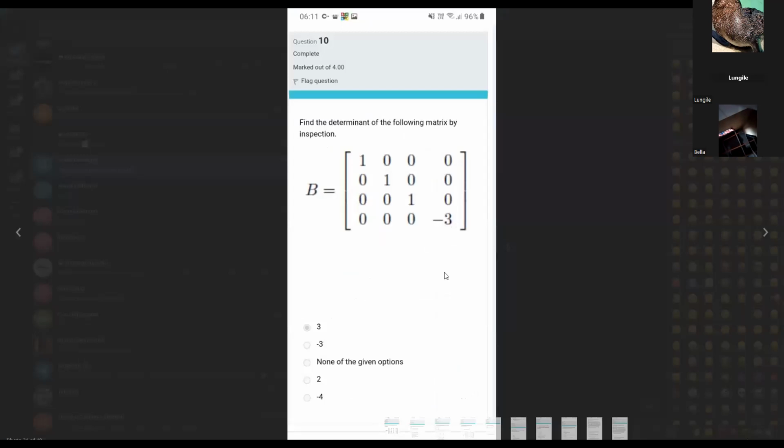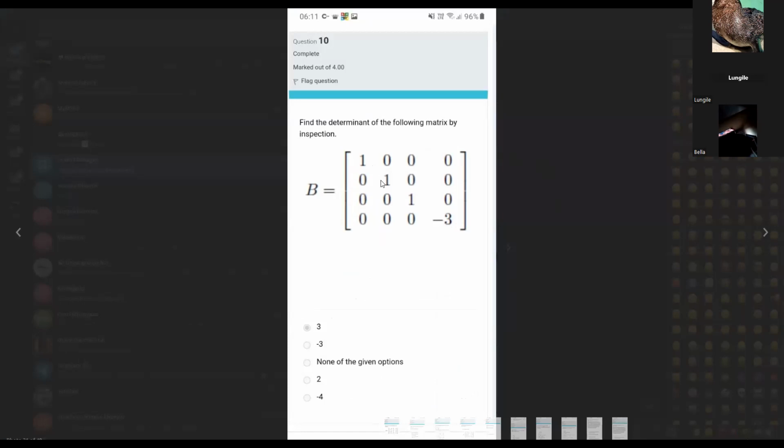This question: find the determinant of the following matrix by inspection. So what is the determinant of this matrix? Does anybody know? Lungile? Hello?